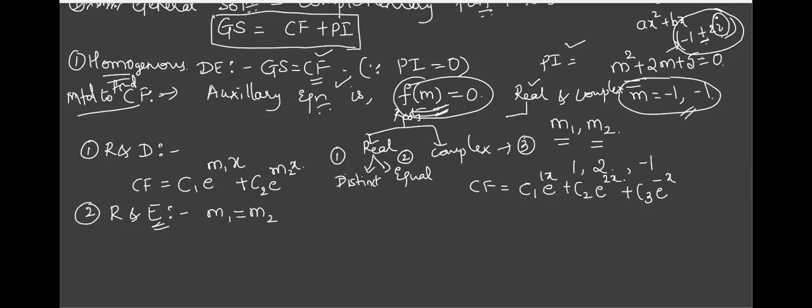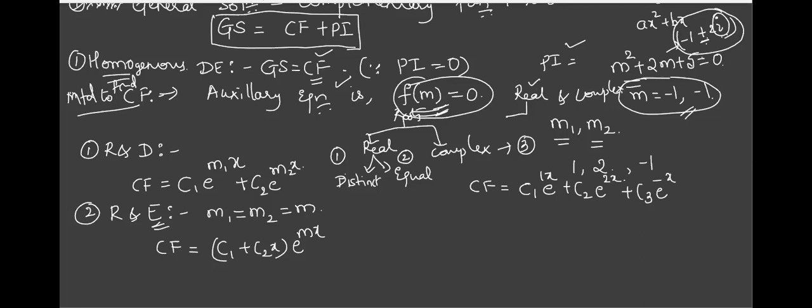Suppose m1 equals m2 equals some value m, maybe 2, 3, whatever it is. Then if they are real and equal, CF is written as c1 plus c2x, e raised to mx. That means you should not write separately for two values, you should write it only once. In the bracket, c1 plus c2x, e raised to mx.